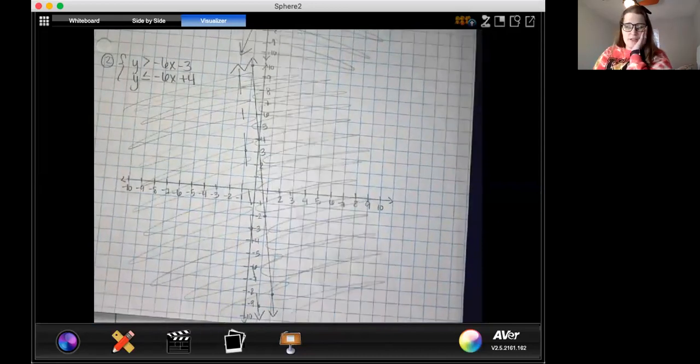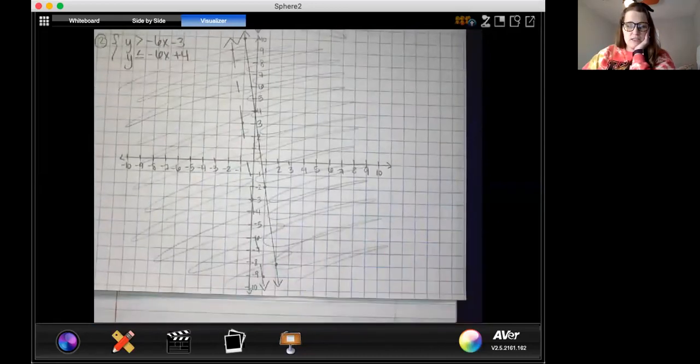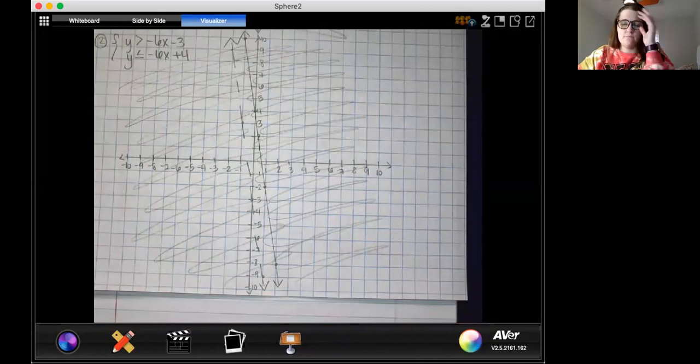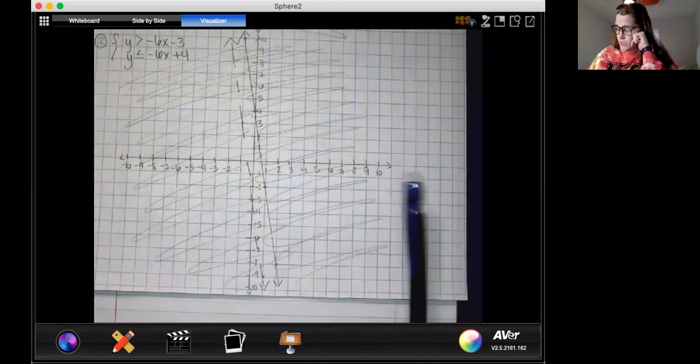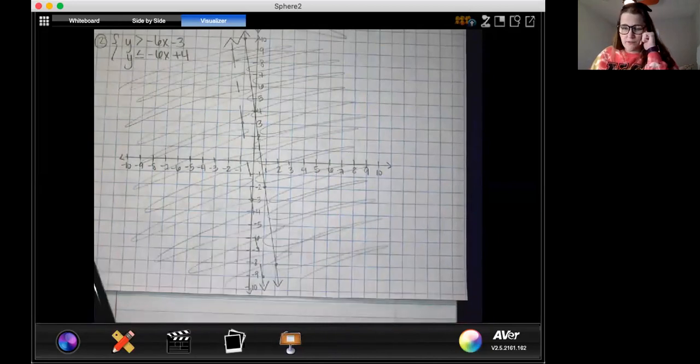Now it kind of looks like the whole thing is shaded, but where does the shading overlap? Because the first one we shaded to the right, and the second one we shaded to the left. So the shading is overlapped.